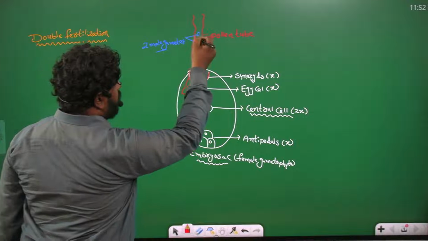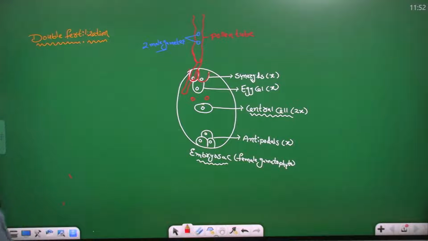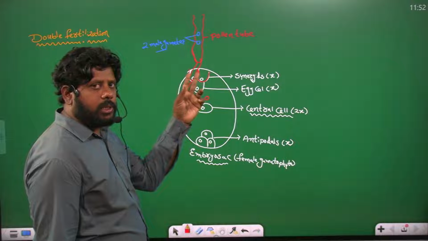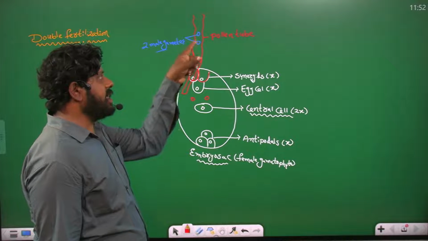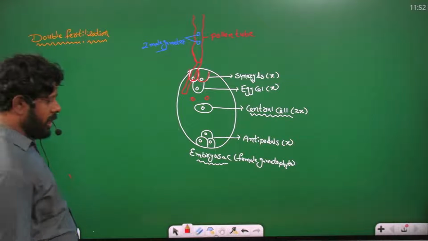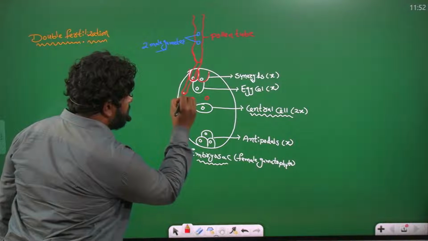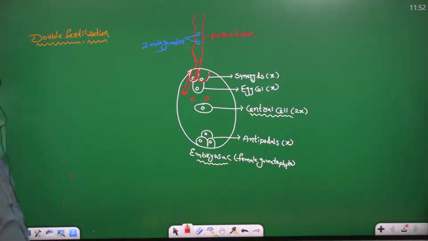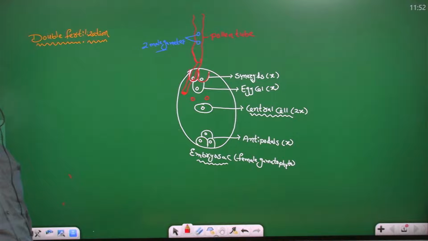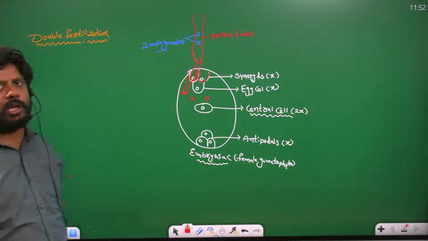A small pore forms in the tip of the pollen tube. Through that pore, the 2 male gametes are released into the embryo sac.